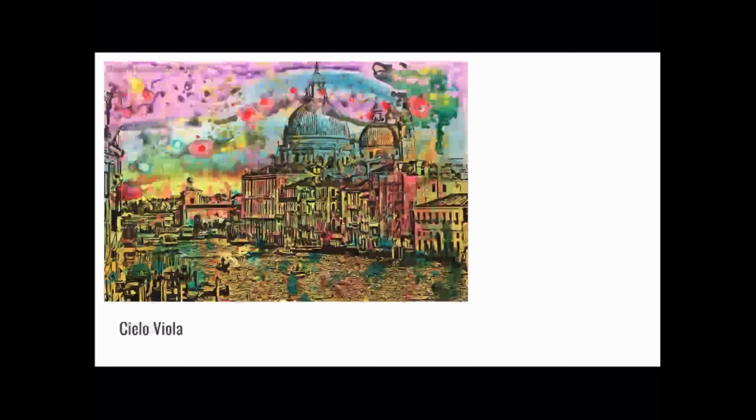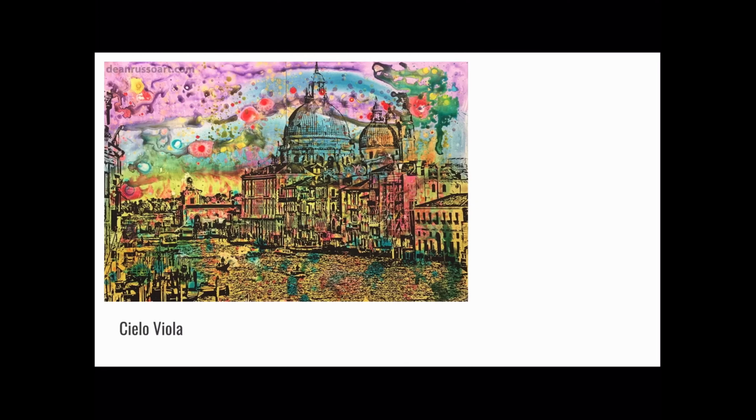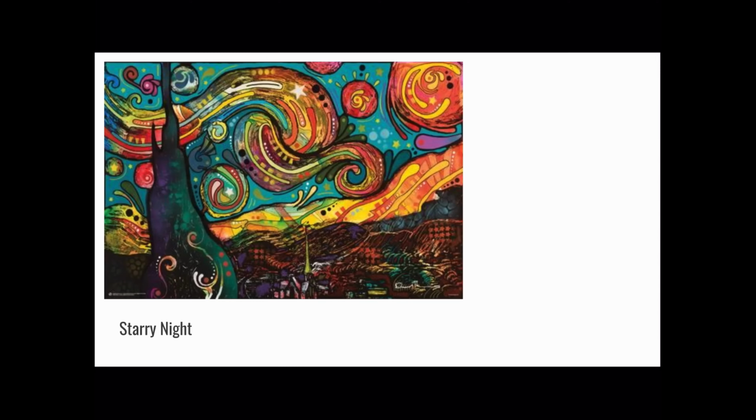So here we see his use of really bold colors and kind of an abstract pattern with his use of color, the way that his application of paint dries on the paper. This one is a little bit more similar to the style he's really known for with his animals. So this is obviously his interpretation of The Starry Night by Van Gogh.